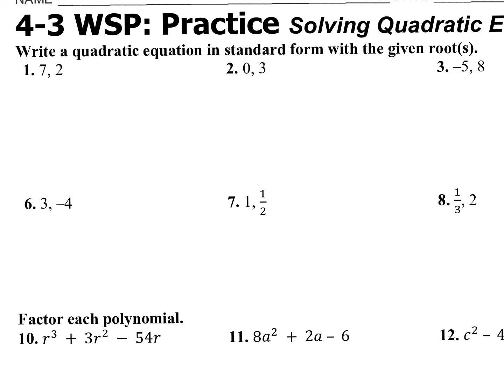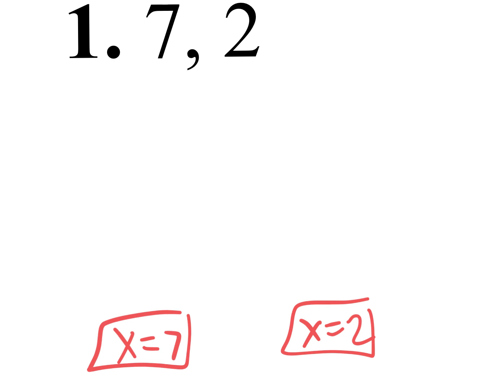So when they say they give you these roots, what they're really saying is that they're giving you the answers of a quadratic equation, and they want you to find what the quadratic equation is. So I would put down here x equals 7 and x equals 2, and those are the answers, and I want to work backwards to get to the quadratic equation that gave us those answers.